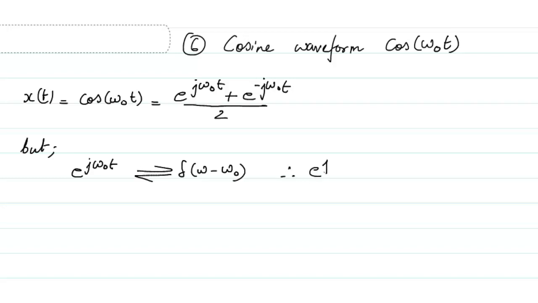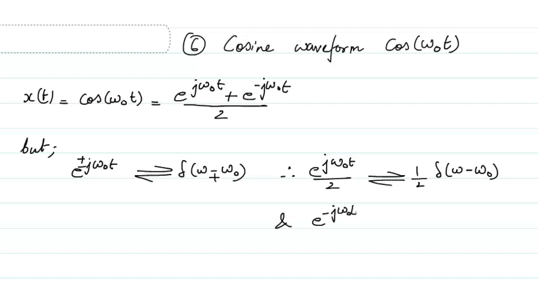Therefore, for plus it becomes minus and for minus it becomes plus. So e raised to power j omega naught t divided by 2 will give me 1 by 2 delta omega minus omega naught, and e raised to power minus j omega naught t divided by 2 will give me 1 by 2 delta omega plus omega naught.